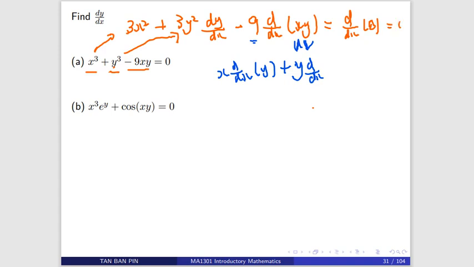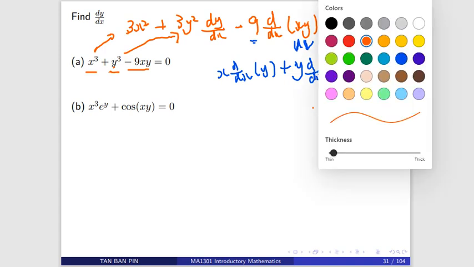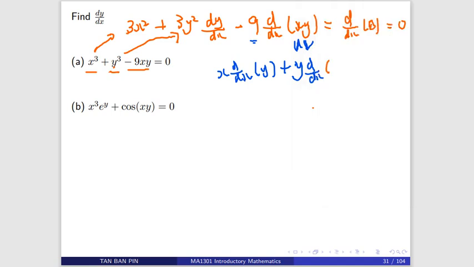Differentiating 0 is 0, so don't worry. So differentiating xy, you use product rule. So it's x d/dx y plus y d/dx x. So it gives you x dy/dx plus y.